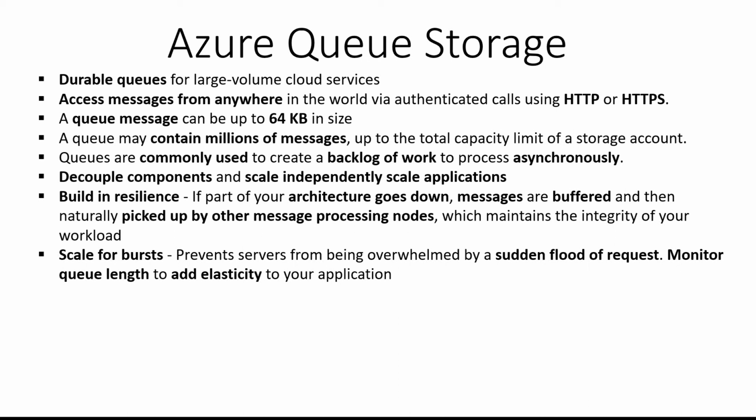Coming to durable queues for large volume cloud services, that's what queue storage is primarily for. The advantage is that once the data is in the pipe or the queue, you can access those messages anytime over the internet, using HTTP or HTTPS.